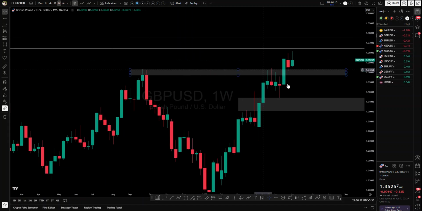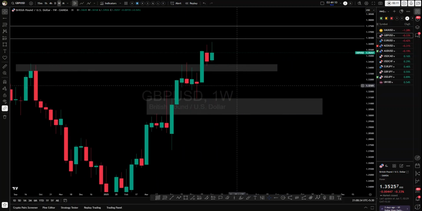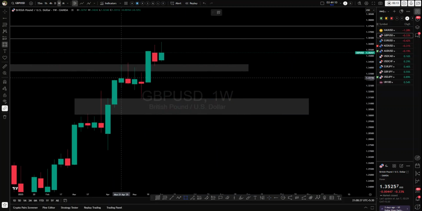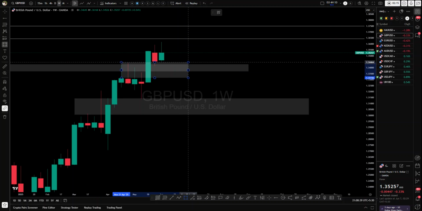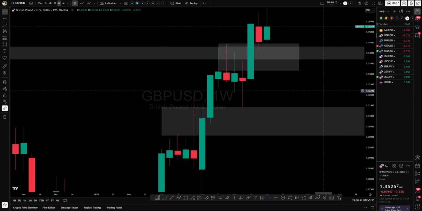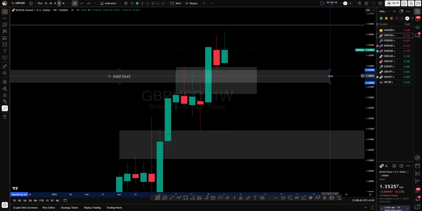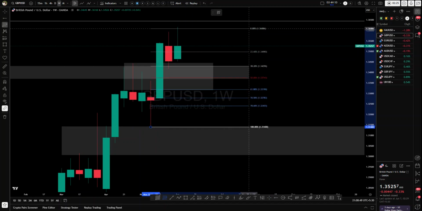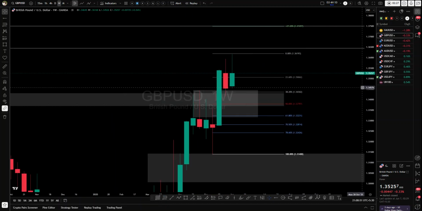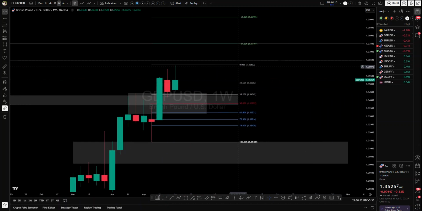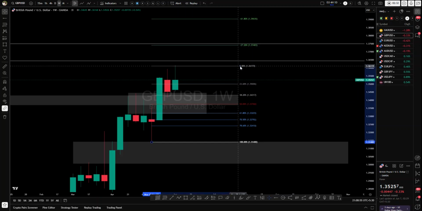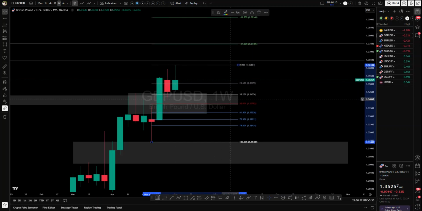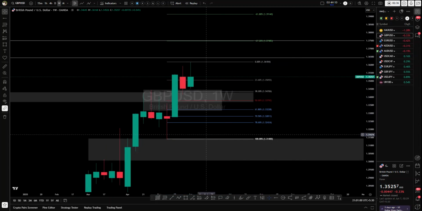So let's see what's going on from the weekly perspective. In the weekly perspective, this is the last resistance that turned into support, and right now it's becoming a little messy. Okay, this is the last push towards the upside, and we're waiting for a correction of at least, say, 38.2 so that we can go long.